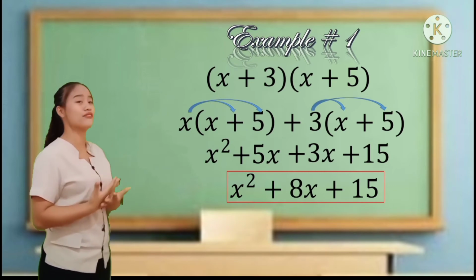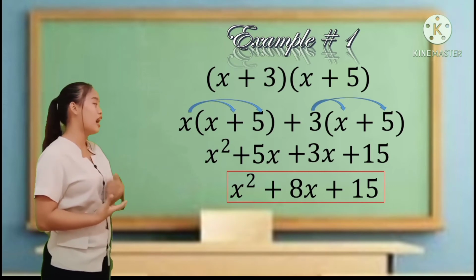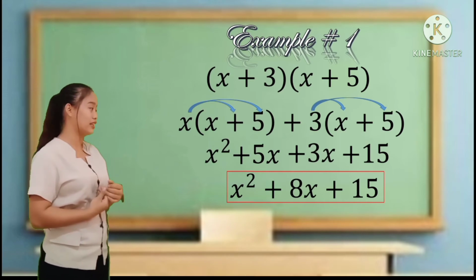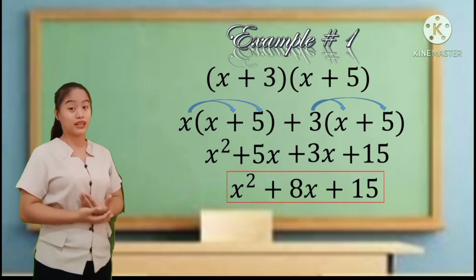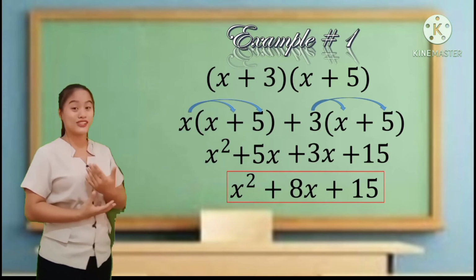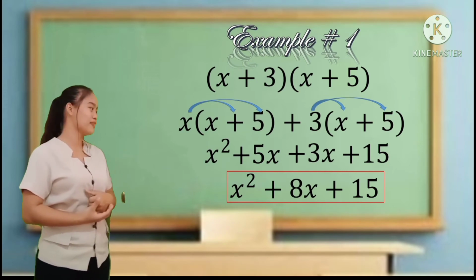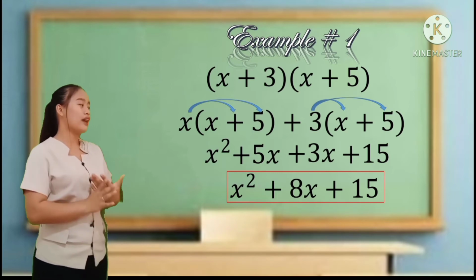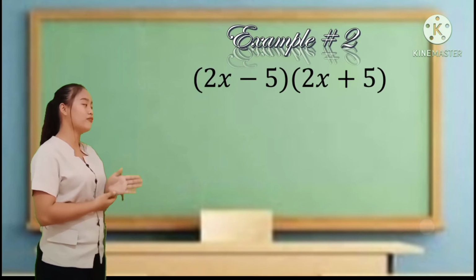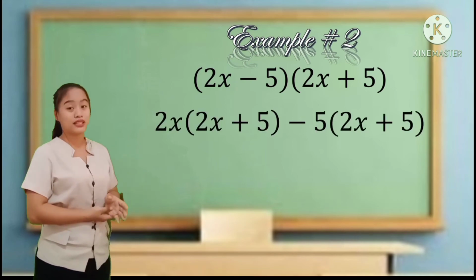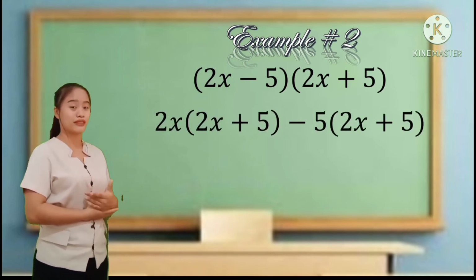Now let's have the second example. I will use the distributive property in answering this kind of binomials because it is easier than the FOIL method. So we have 2x multiplied by 2x plus 5, and negative 5 multiplied by 2x plus 5. We use the distributive property.